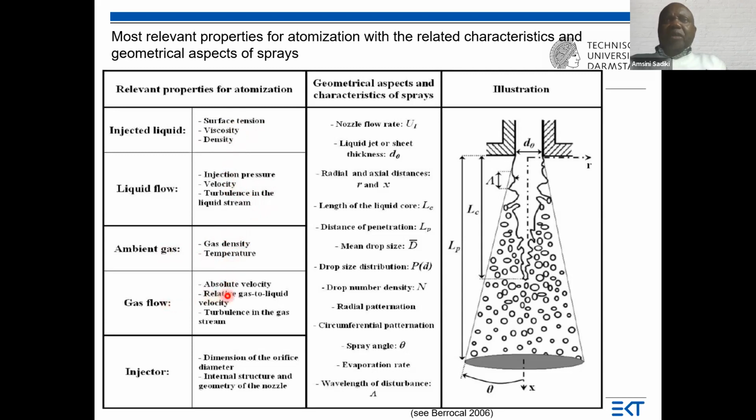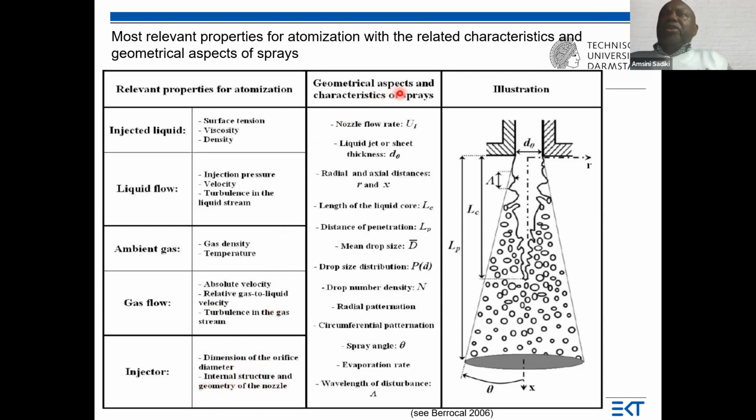So gas flow, the absolute velocity, the relative gas to liquid velocity. So these will be related to the particle Reynolds number and the turbulence in the gas flow. And the injector, so we have the orifice diameter, the internal structure and geometry of the nozzle. And naturally also the condition within the injector, as I told you, if we have some cavitation.